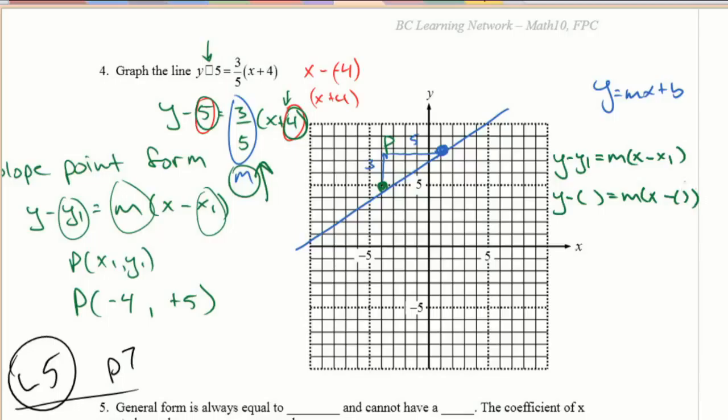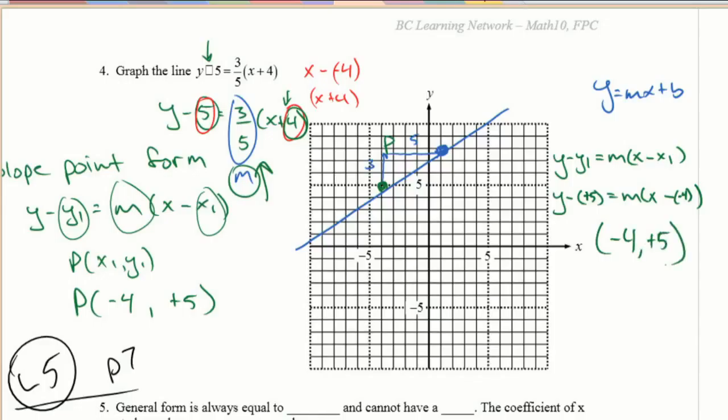The trickiest part of doing this is determining what that point was. In this case, the minus 5 was here, so I put in a plus 5. And over here I had a plus 4, so I needed to put in a minus 4 to end up with the right sign. So my point was negative 4, positive 5.